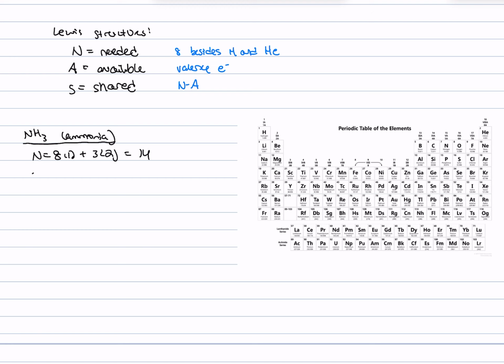And 14 minus 8 equals 6, and we divide that by 2 to find the number of bonds. So in this case, there are 3 bonds, and we put nitrogen in the center, since it's generally the first atom listed. And then we can connect them, and each bond counts for 2 electrons, so there are 6 in the diagram so far, and so we need to add 2 more lone pair to the central atom.